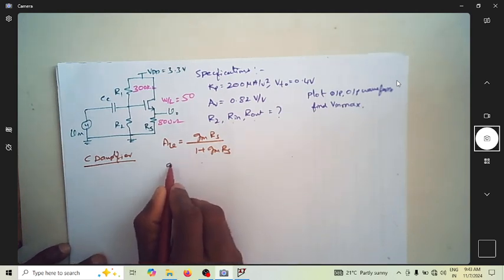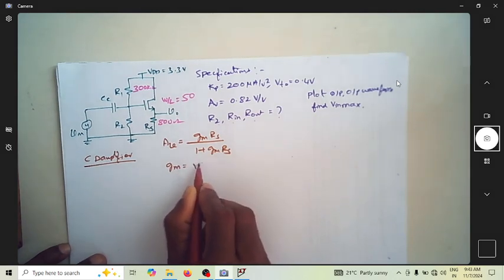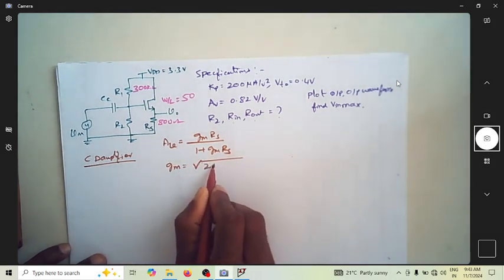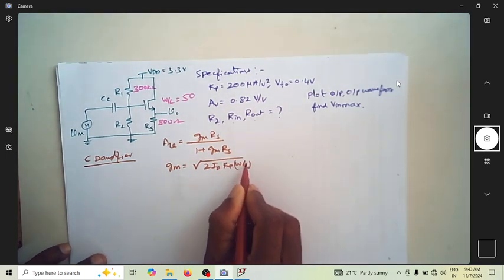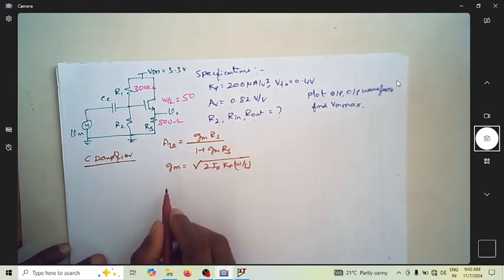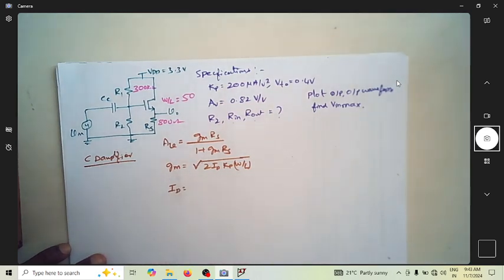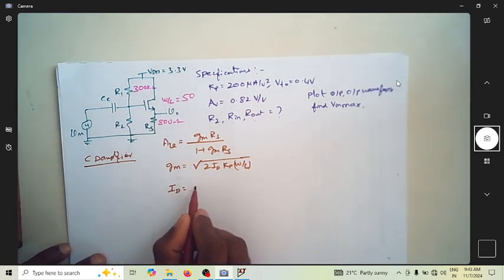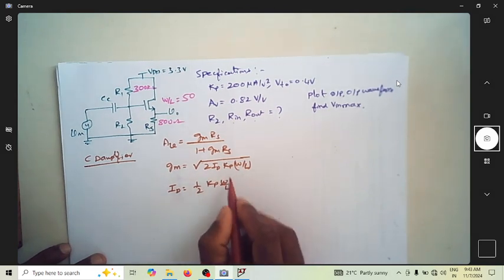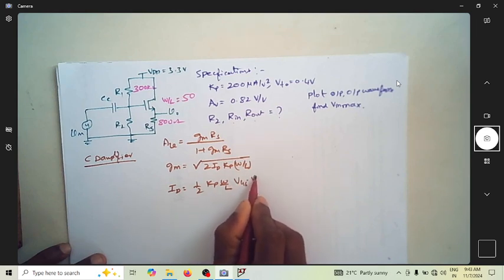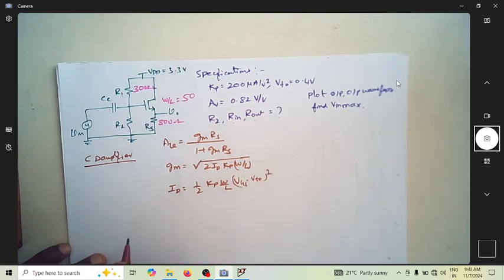Let us write the expression for GM, which is square root of 2ID Kp into W by L. And we know the expression for ID also, where ID is half Kp W by L (VGS minus VTO) whole square.